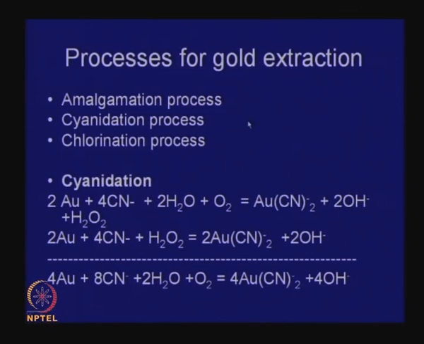The first process for gold extraction was invented by Egyptians 3000 years ago, if not more. They were also fond of gold, and they had found small particles of gold embedded in rocks.